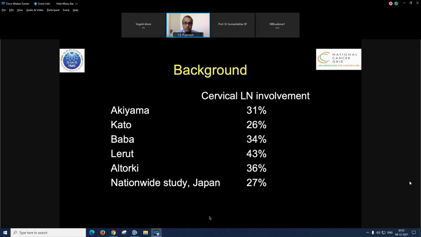What they showed, in their study as well as several other studies, was that cervical lymph node involvement was anywhere from 27% to 43%, depending on which series you went through. And this was unsuspected at the beginning of the surgery itself.